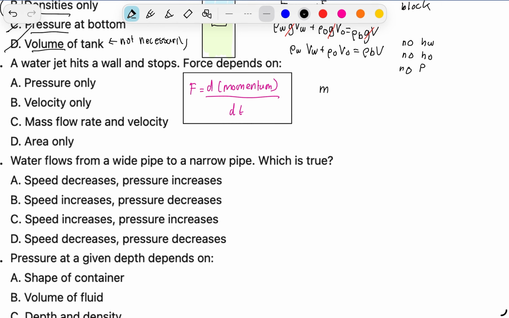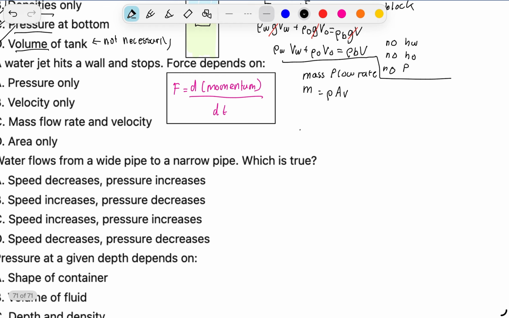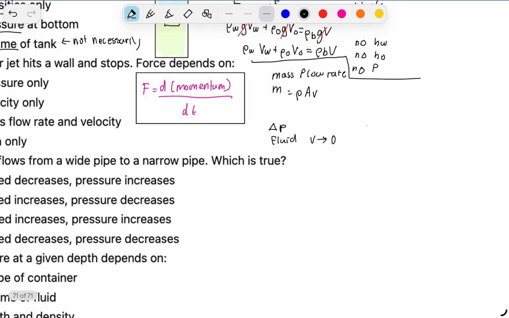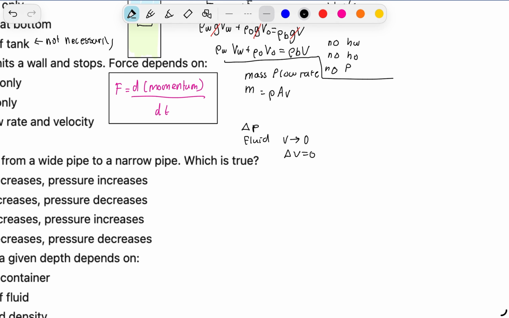We know that our mass flow rate, m dot, is equal to the density times A V. And now we're going to have a change in momentum, because our fluid is going to go from V to 0, so the change in V is V.